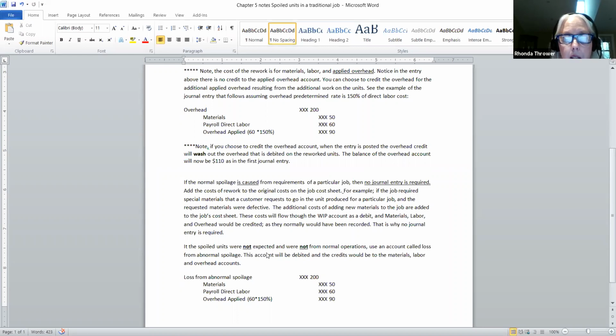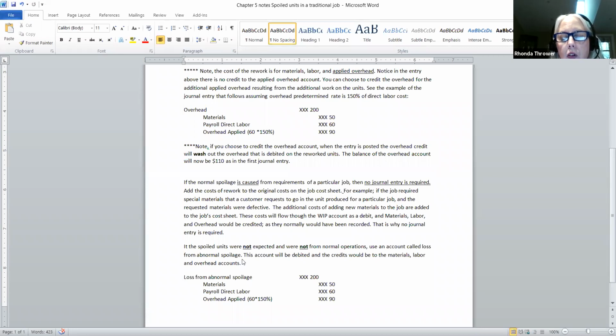We weren't expecting them, they just happened. And in that case, we use an account called loss from abnormal spoilage. This is a loss account and it'll have a normal debit balance. So we're going to add to the loss account on the debit side.